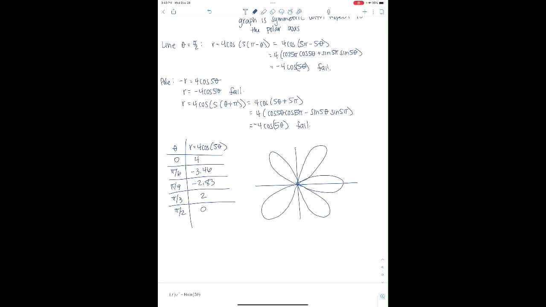My sketches of these graphs are just so ugly. And it goes out to the 4s. But it's something like this. Desmos does a way better job than I do.